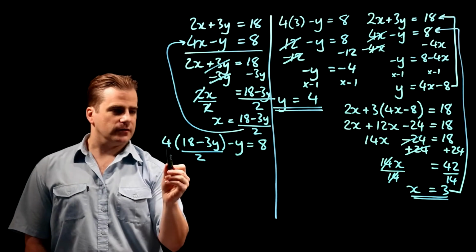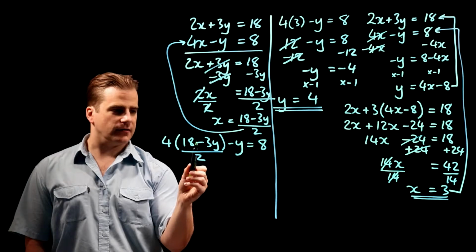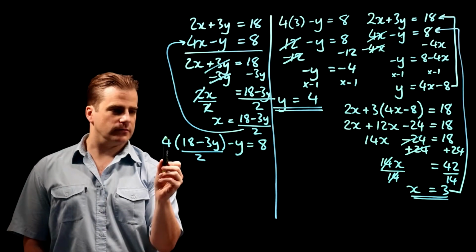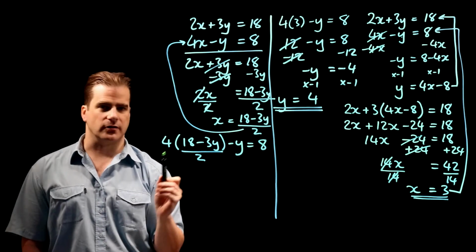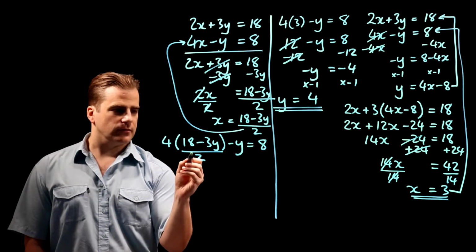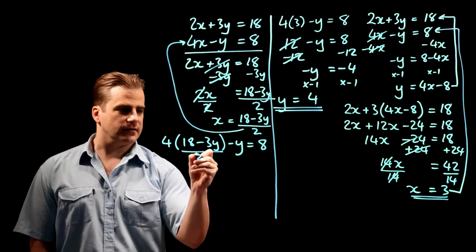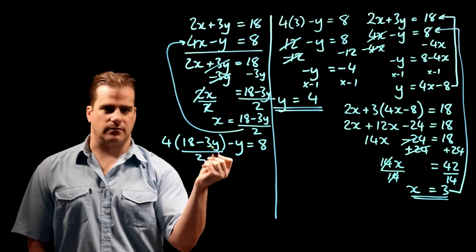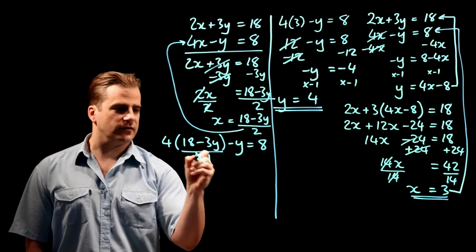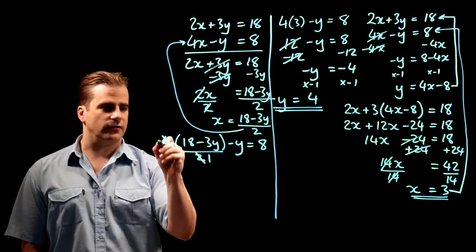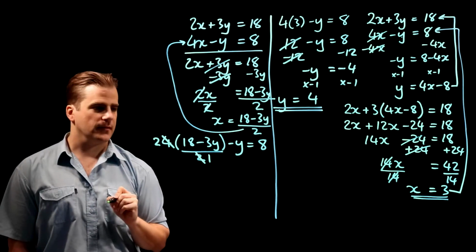Right, now we've got 4 times something divided by 2. So we've got 4 on the top, 2 on the bottom. We can simplify that. 2 goes into 4 twice. So, in other words, 2 goes into 2 once, 2 goes into 4 twice.